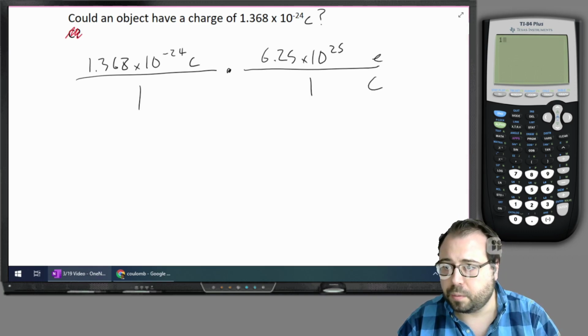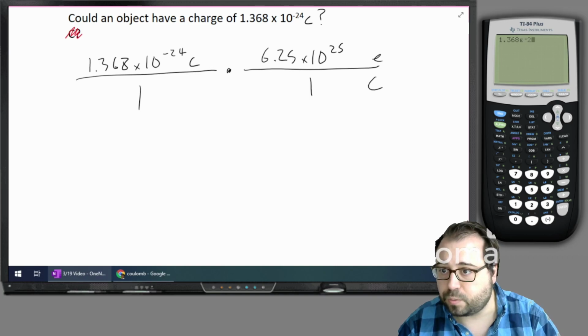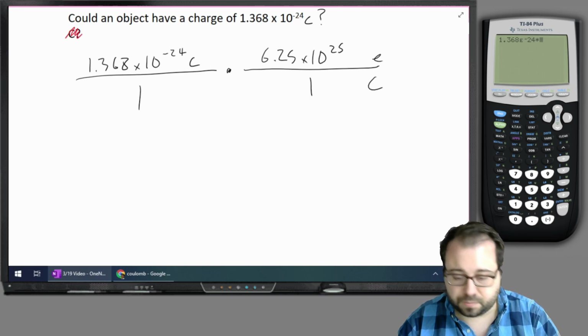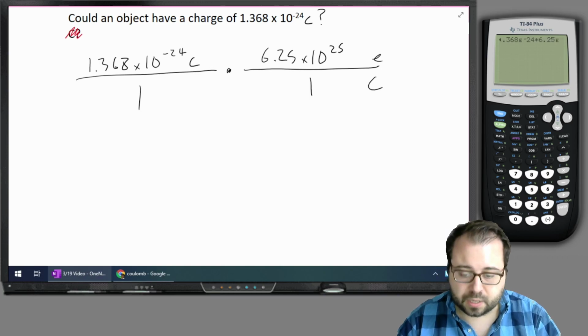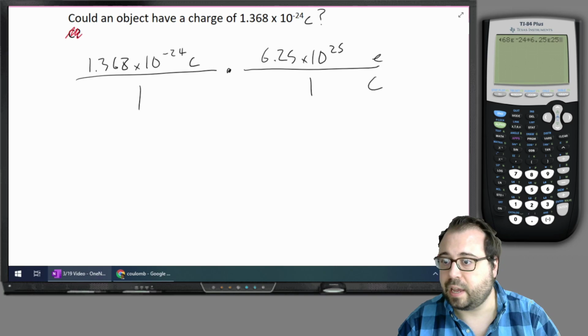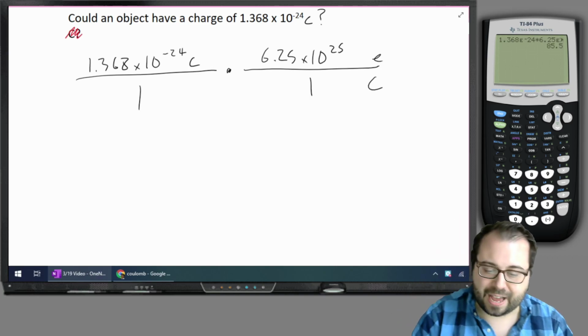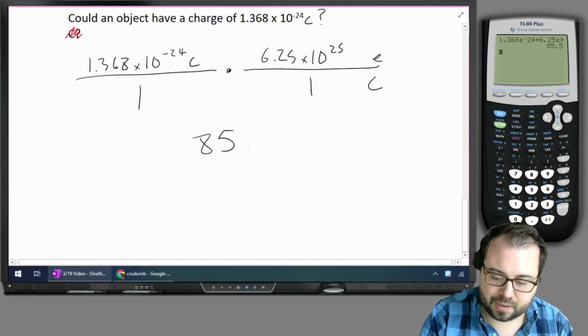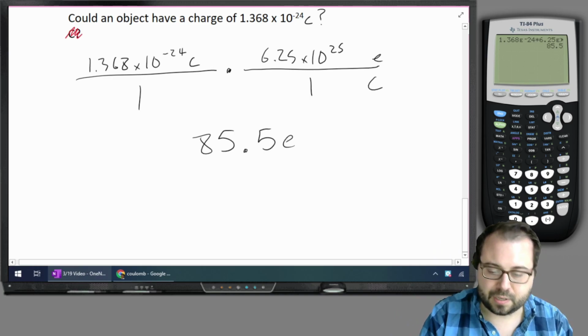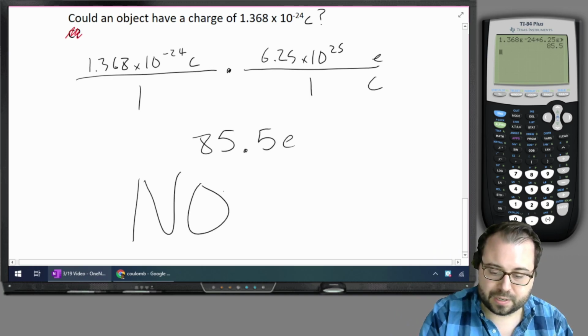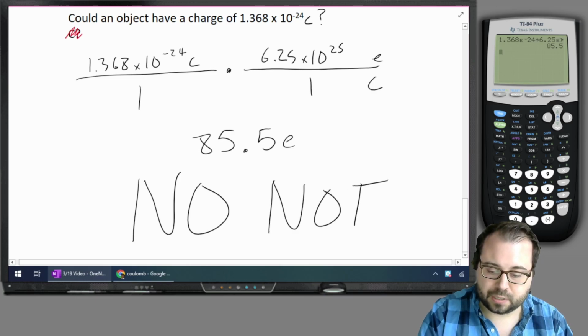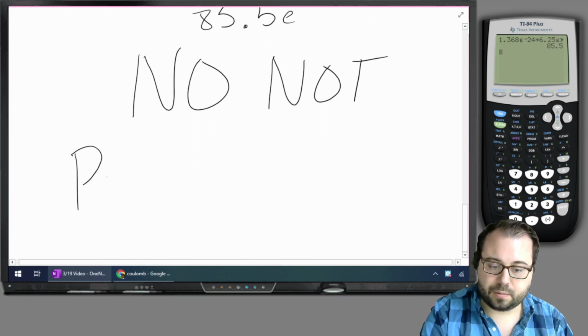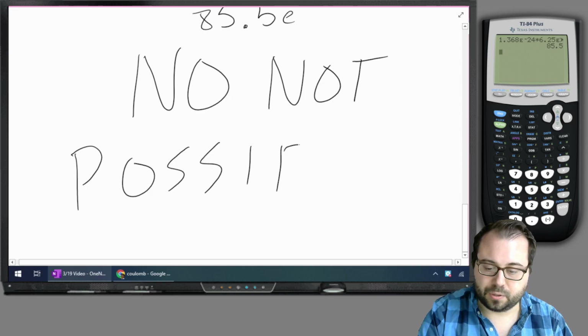So we got 1.368 times 10 to the -24th times 6.25 times 10 to the 25th. And what do we end up with? 85.5e. Is that possible? No, not possible.